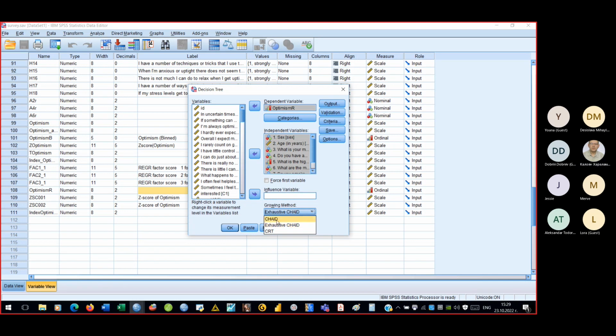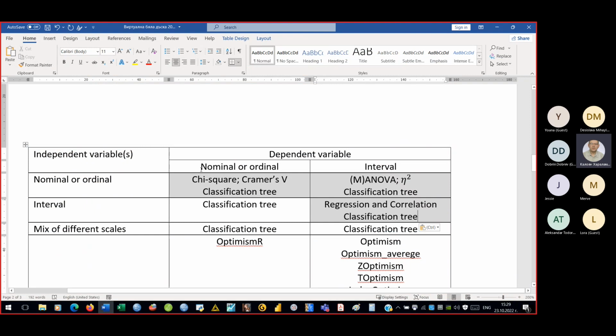But there is another method, CRT. By the way, CHAID means chi-square automatic interaction detection. So this method is based on chi-square.